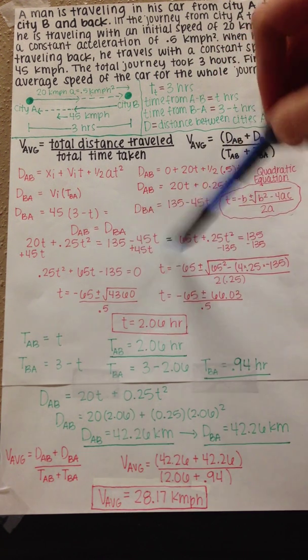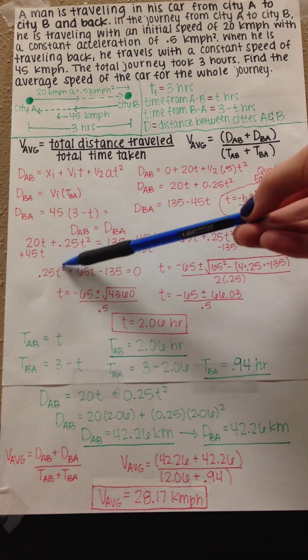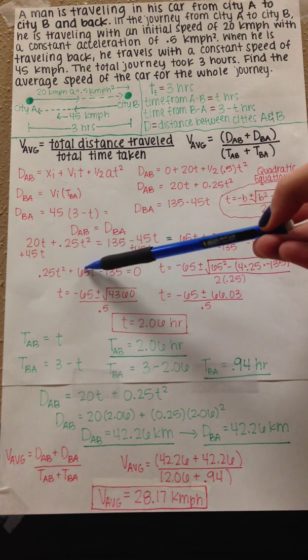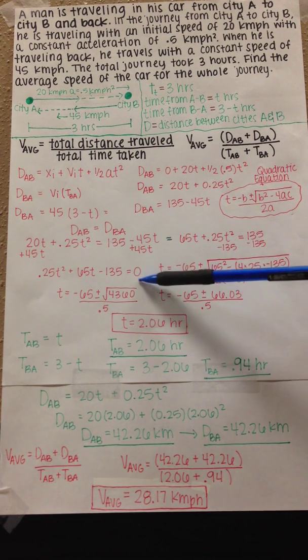And after you calculate all that, you get 0.25t squared plus 65t minus 135 equals 0.